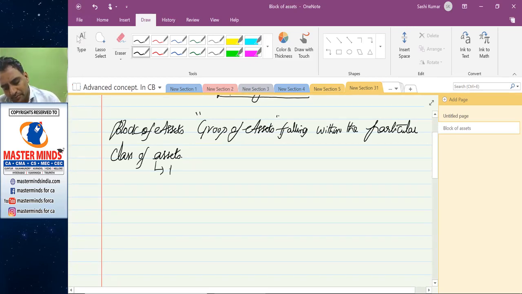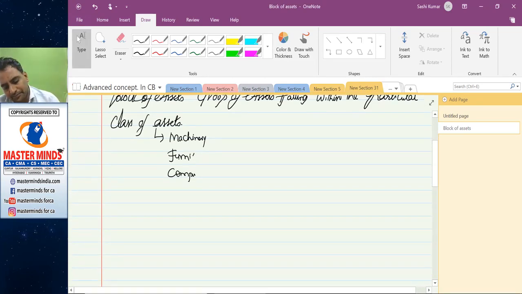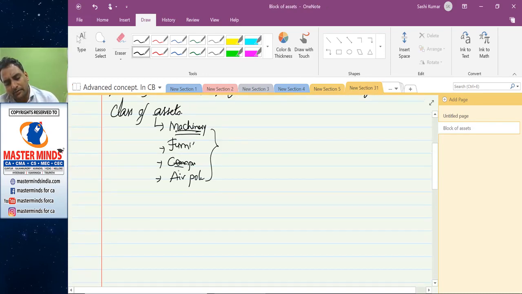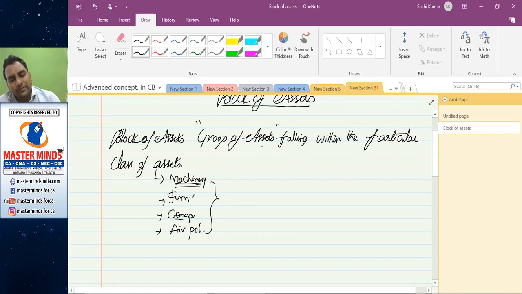Say machinery is a particular class, furniture is a particular class, computer and computer software is a separate class, air pollution equipments is a separate class. There are several classes of assets. All these assets are classified as separate blocks, groups of assets.